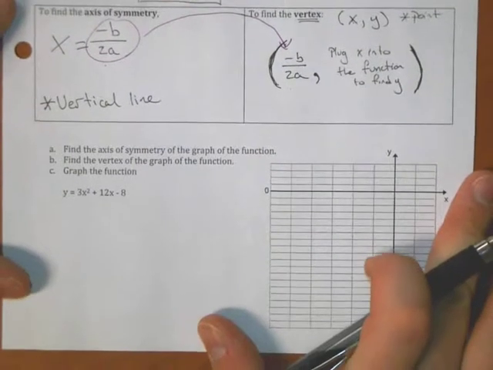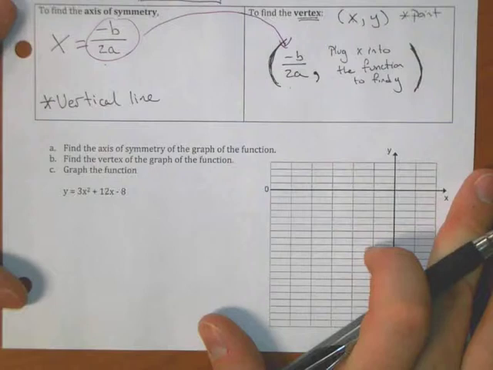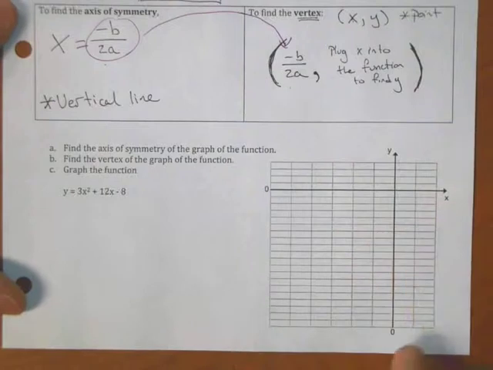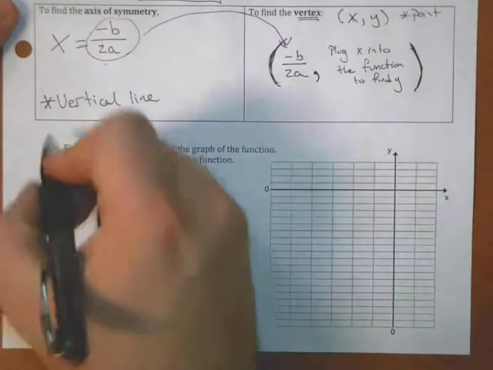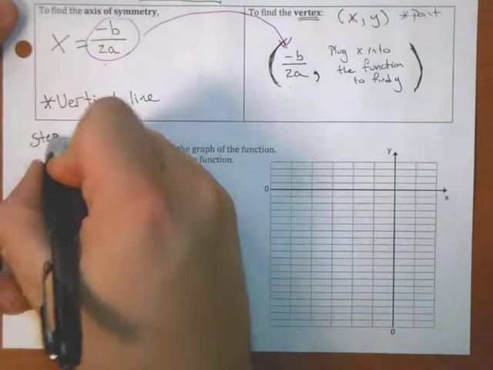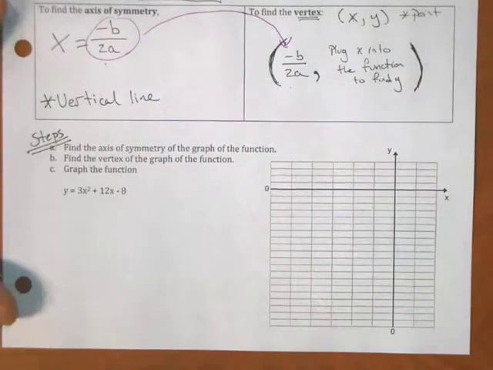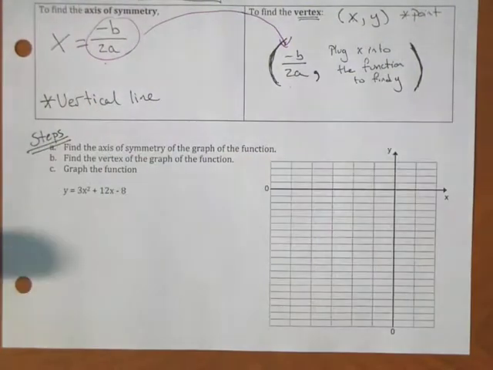So this example is a pretty intensive example. It's going to show us a little of everything here. And these three things, A, B, and C, you can think of these as the steps for graphing a quadratic. One way to do this is the longhand take-forever method of plugging in a bunch of points and making a table of values.